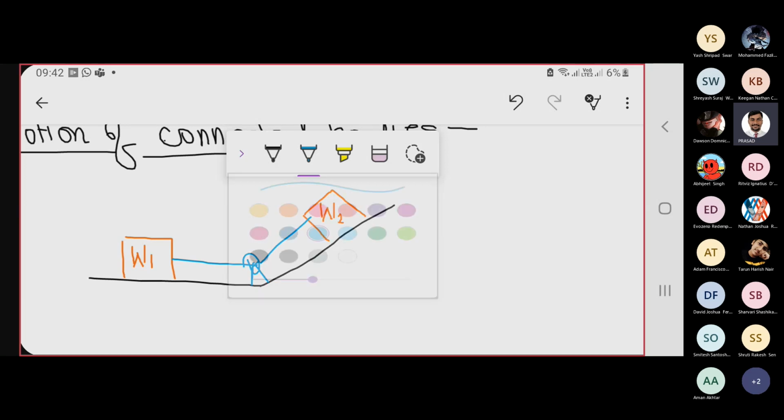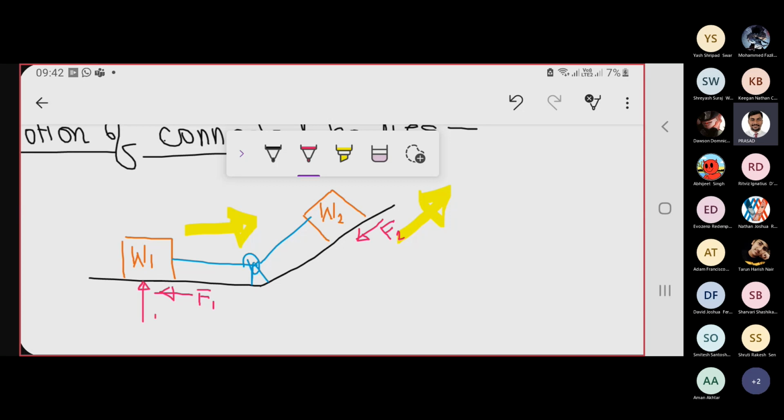If you draw a free body diagram, let's say bodies are moving in this direction. Then the friction force will act like this. Let's say P is the force acting on this body, which is pulling this whole system of connected bodies.